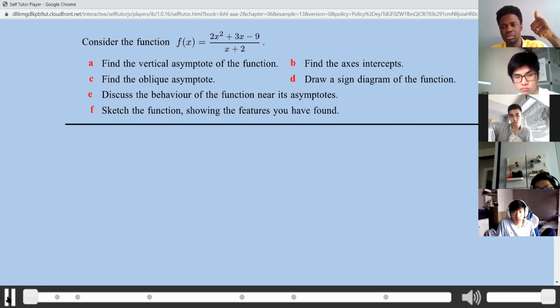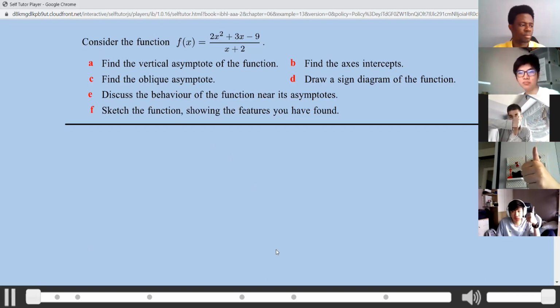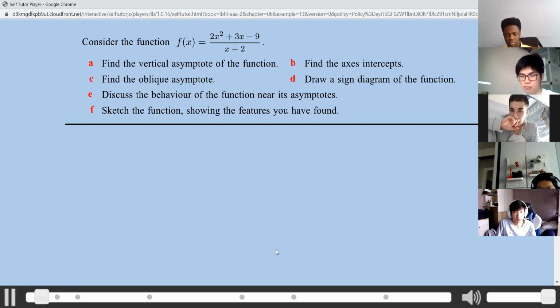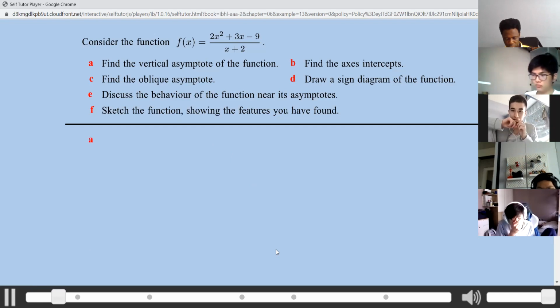We have already studied rational functions of the forms linear over linear and linear over quadratic. We now consider a rational function of the form quadratic over linear. These functions have oblique asymptotes, which are neither horizontal nor vertical. In this case, the function is undefined when the denominator is 0, which is when x equals -2.